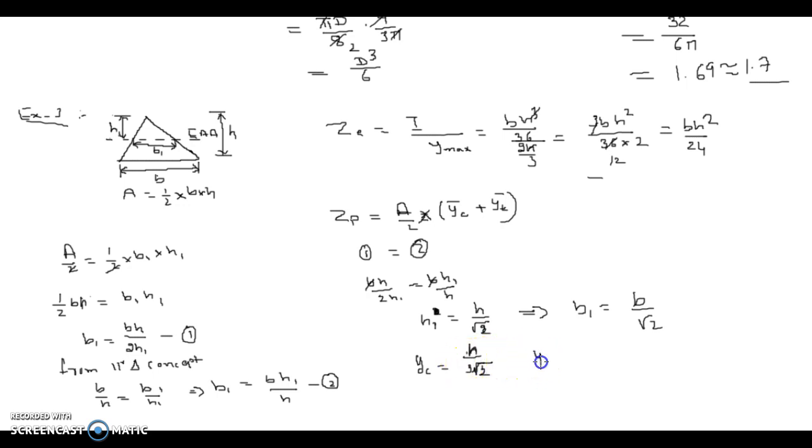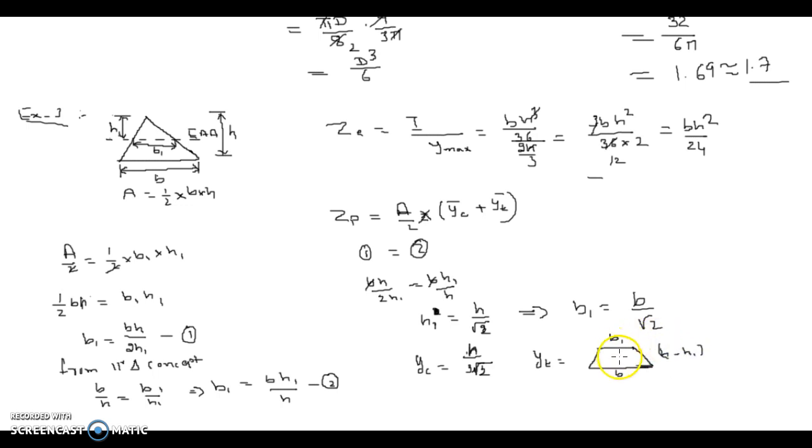But the problem is calculating the YT. For YT, what I have here is an area. Now this is B1 and this is B. And this is actually H minus H1.